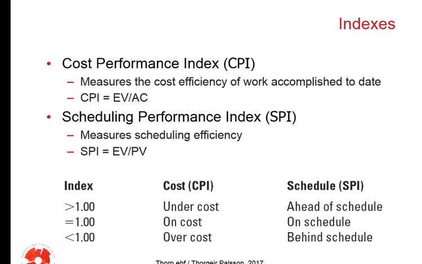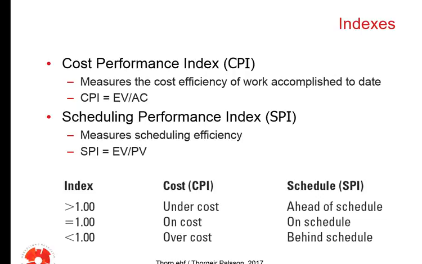Basically, how efficiently have we used the money so far in the project, and then how efficiently have we used the time, or let's say spent time. So cost performance index and scheduling performance index will tell us the direction of the project.